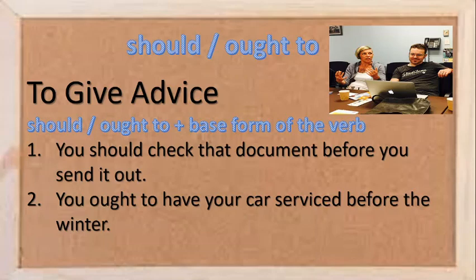Can, could, able to is part 1, may and might is part 2, and shall, should, and ought to makes up part 3. So what we have is very simple. We will continue on should and ought to again to see what we use it for.